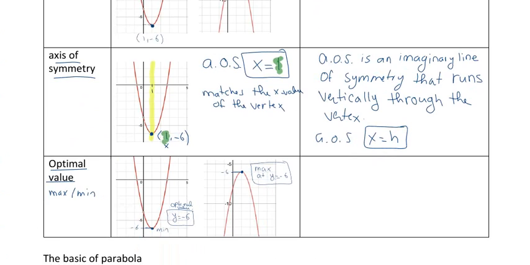It's made out of the axis of symmetry, that's your x, and then it's made out of the optimal value, and that is your y. So the vertex comes from two values. The first one is your axis of symmetry. The second one is your optimal value.